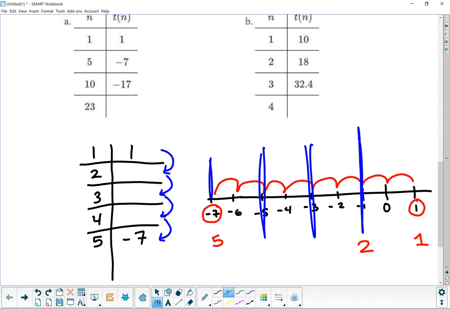The second term is going to be -1, the third term is going to be -3, the fourth term is going to be -5, and the fifth term is going to be -7. And it actually works out pretty perfectly.